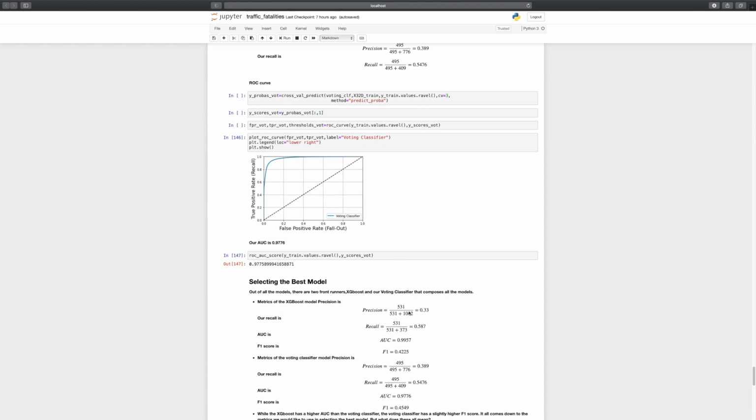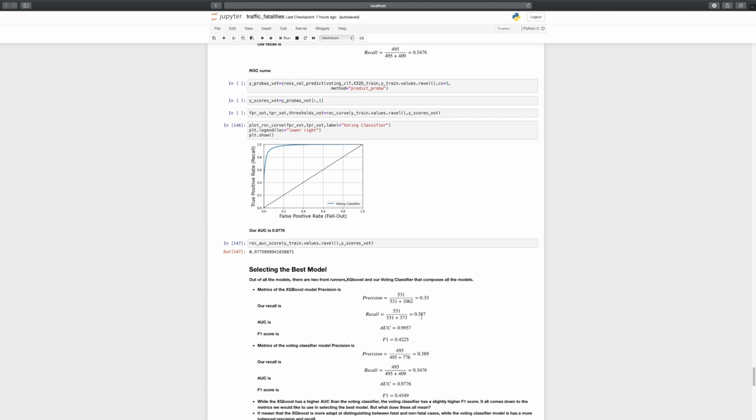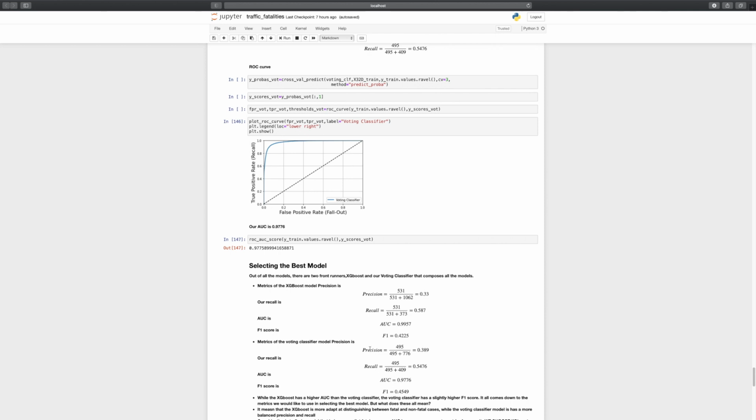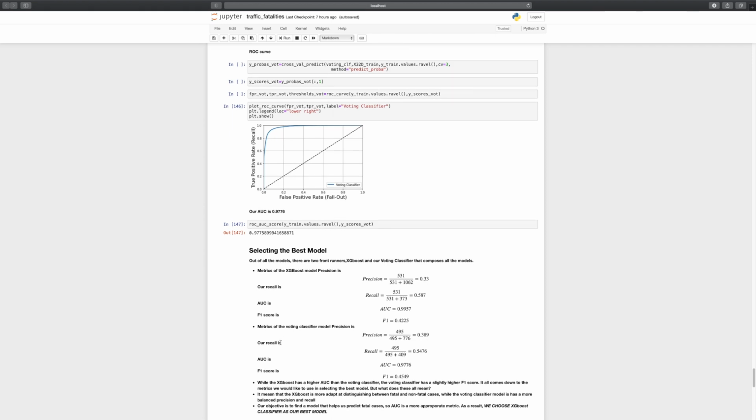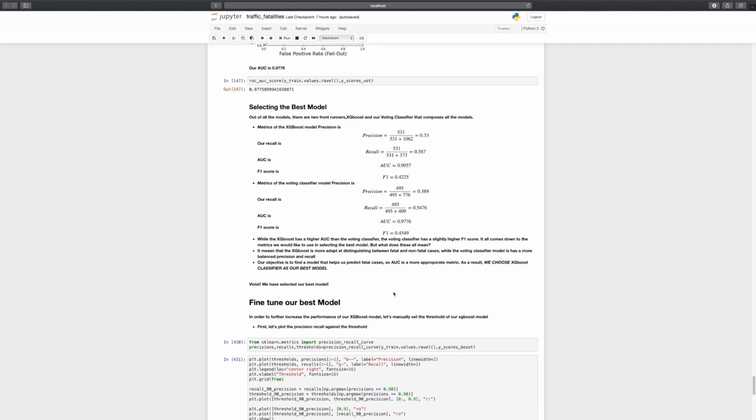For the XGBoost model, the precision is 0.33. The recall is 0.587. The AUC is 0.9957. And the F1 is 0.4225. For the voting classifier, the precision is 0.389. The recall is 0.5476.